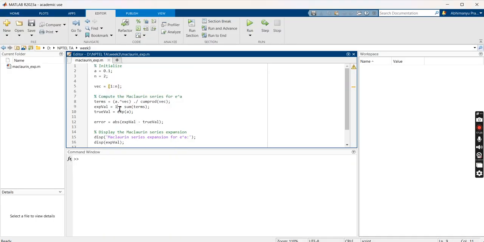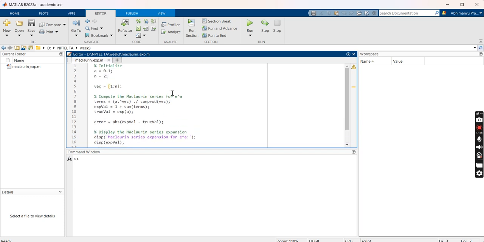So I am adding this one over here and taking the sum of all the elements of this terms variable. And my true value, I am using the inbuilt MATLAB function of exponential to calculate the true value, and then I get my error as the absolute of exponential value minus true value. Then I am just displaying it.